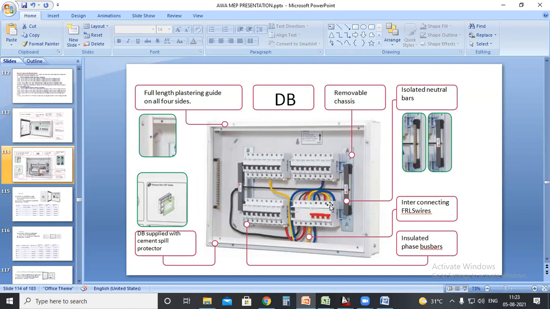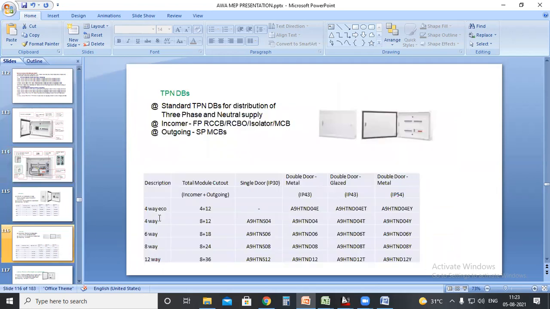That means here you have a 4 pole space, and here you also have a 4 pole space. So that means 8, and this is actually common. You have 8 pole space in the incomer of the distribution board. That means you can place 2 isolators, or 1 isolator, or 1 RCCB, or 1 MCB. So you have 8 poles, and you need to check that also. So you have 8 plus 12, 8 plus 18, 8 plus 24, 8 plus 36.